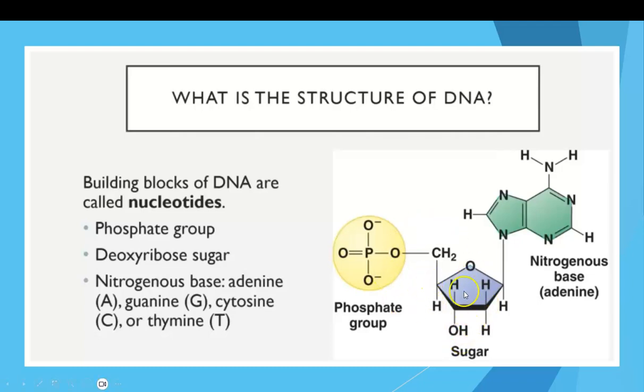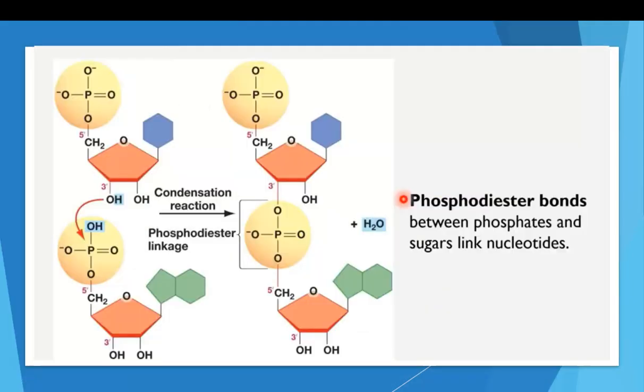And so you can see it in this picture. This is the phosphate group and the sugar, and then they make a phosphodiester bond together, where the phosphate makes a bond with the 5 prime carbon in the deoxyribose sugar, and then through the hydroxyl group that we have on carbon 3, it attaches to the next phosphate.